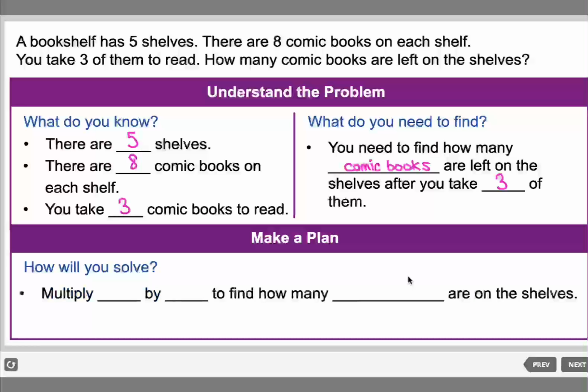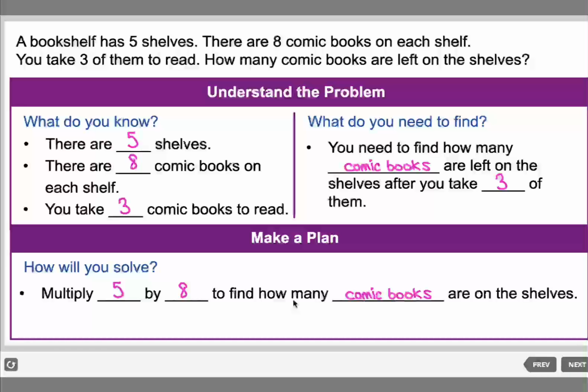So the first step is to find the total. We multiply 5 by the number of comic books, which is 8. So 5 shelves, 8 comic books on each shelf. This is the first step. We multiply 5 times 8 to find how many comic books are on the shelves.